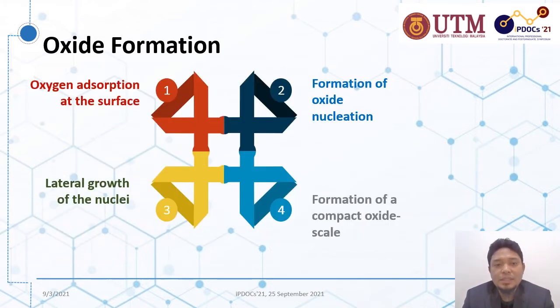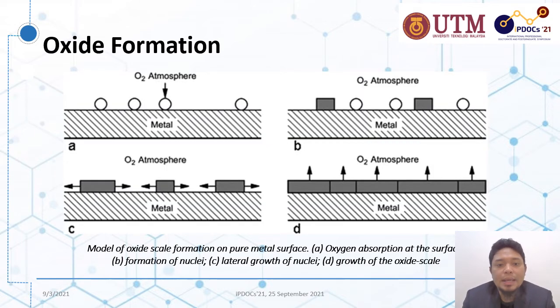The first step is the oxygen is absorbed at the surface. Second, the formation of the oxide nucleation on the surface. Third, the lateral growth of the nuclei. And fourth, the formation of compact oxide scale on the surface.